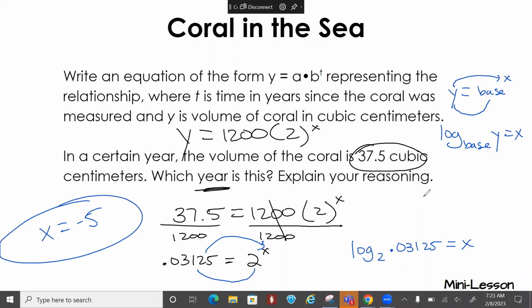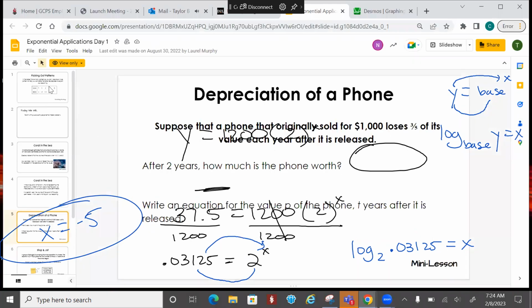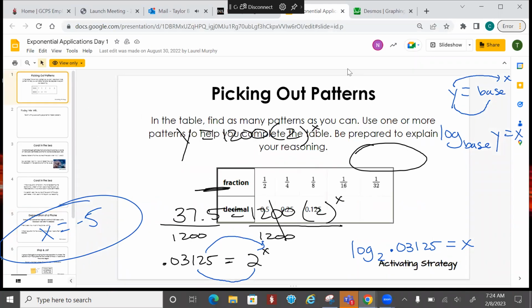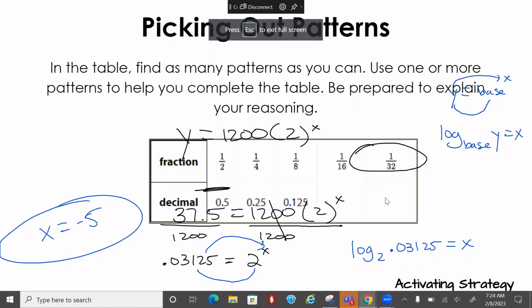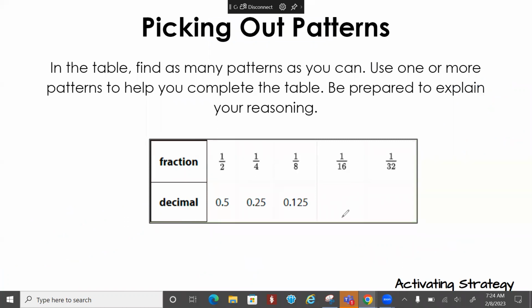That means 5 years before, we're going to have a coral reef that's the size of 37.5. Okay. You could also use that table that we had from the beginning. So looking back at this table over here, kind of reminding you of where we were at.